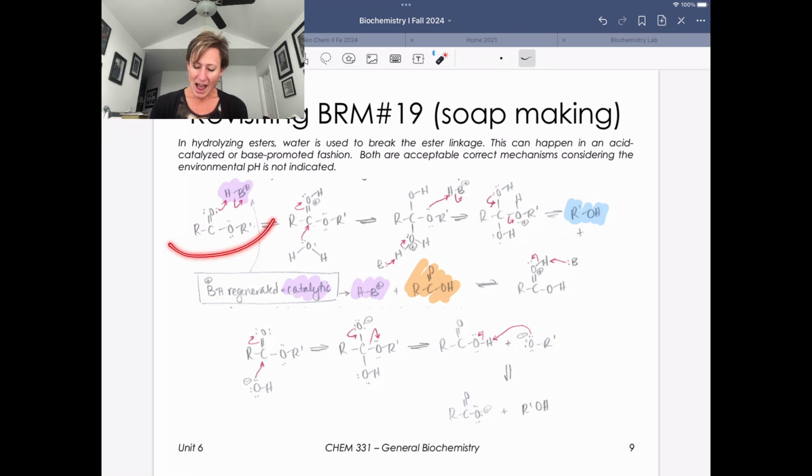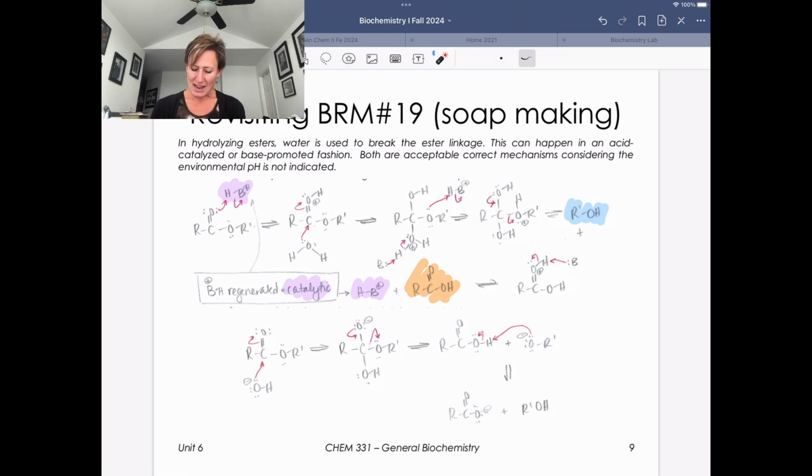Note here, I could not start with this material down here. There is never a pH environment that will be acidic enough where I can protonate my ester, but also basic enough to generate hydroxide. You need to think about what your pH is, and that will determine the protonation state that you can have of your molecules. So in this case, base promoted facilitates this reaction by making a better nucleophile.